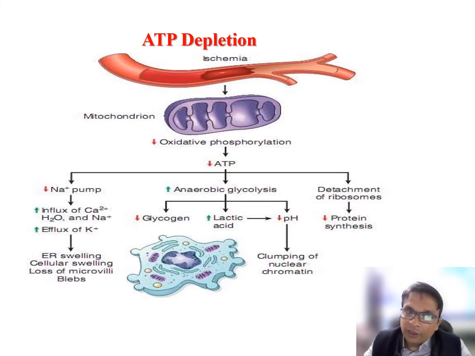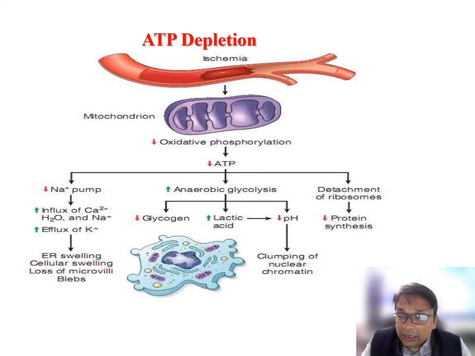And the more influx of calcium results in several changes in the cellular functioning, which causes toxicity. There is also more efflux of potassium ion, and overall this disturbance in the ionic balance results in ER swelling, endoplasmic reticulum swelling, cellular swelling that you will observe, which is ultimately a type of reversible cell injury.